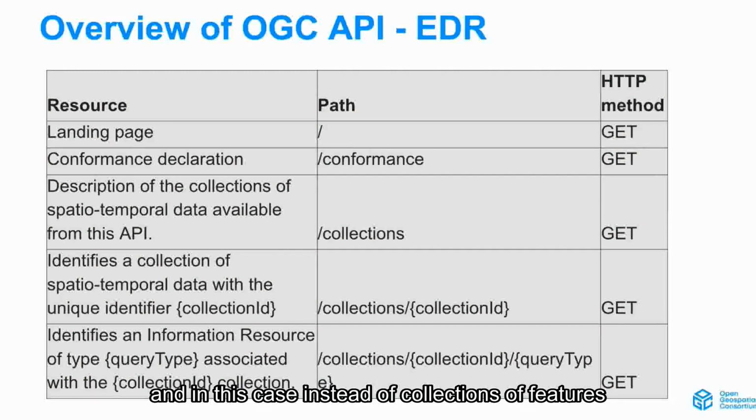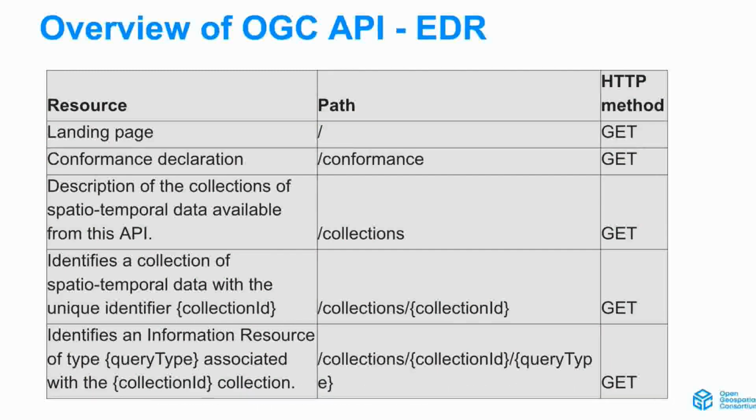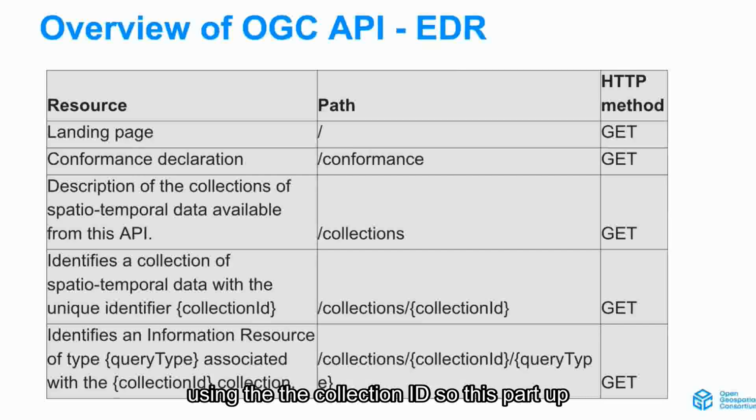And in this case, instead of collections of features, we have collections of spatial temporal data. Then from there, you can access one particular collection using the collection ID. So this part up to now is very similar to features, and then it starts to be different.